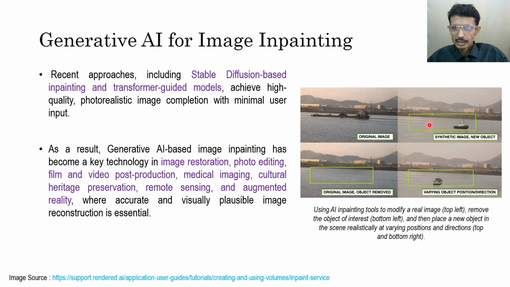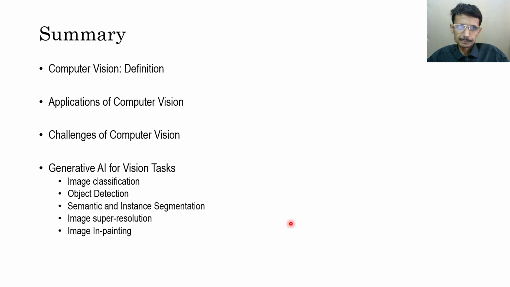So this is done by image inpainting. As a result, generative AI-based image inpainting has become a key technology in image restoration, photo editing, film and video post-production, medical imaging, cultural heritage preservation, remote sensing, and augmented reality, for accurate and visually plausible image reconstruction. So that is the main idea of how generative AI helps in image inpainting.